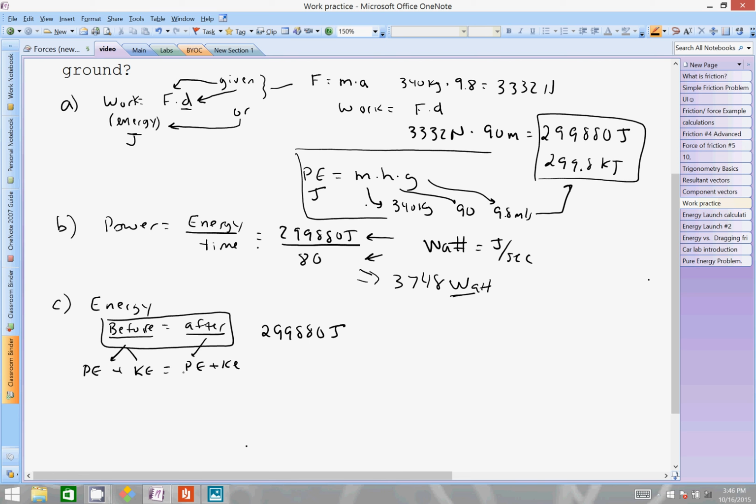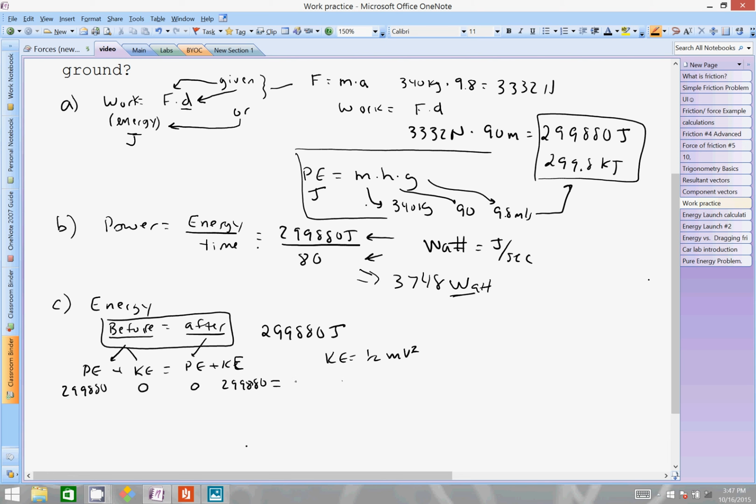It just so happens that before there's zero kinetic energy and we have 2,998.80 joules of potential energy, and afterwards all energy is converted over to kinetic energy, which is zero potential and all kinetic, 2,998.80. What does that mean in kinetic energy? Kinetic energy is equal to one half mass times velocity squared.